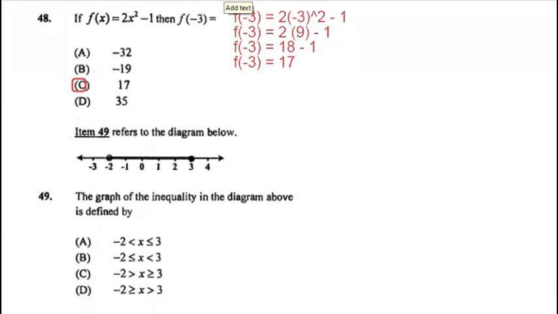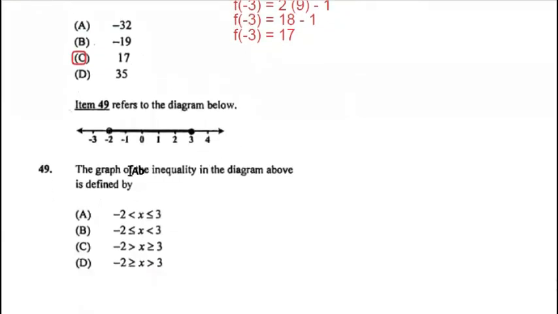49, the graph of the inequality in the diagram above is defined by. So the circle that is at negative 2 is empty, so it is not shaded. It might not be showing clearly on this picture, but it is not shaded. And the dot that is at 3 is shaded. So what we need to remember from graphs of inequality, when there's a shaded dot, that point where the dot is at is equal to or greater than or less than, based on the direction in which the graph is going.